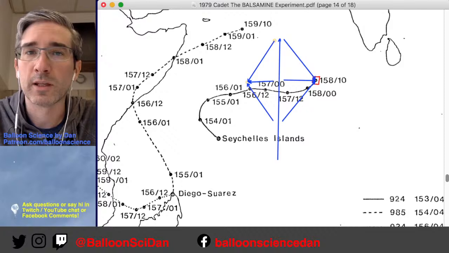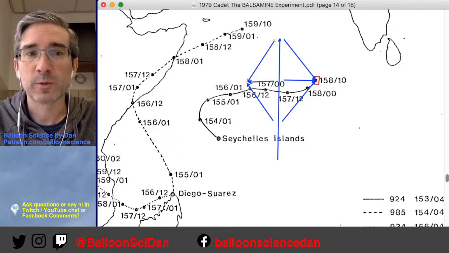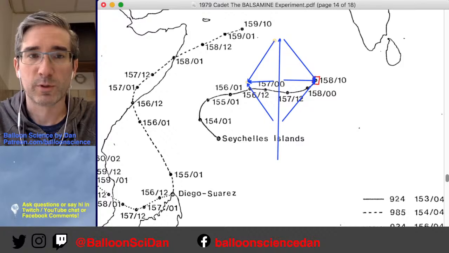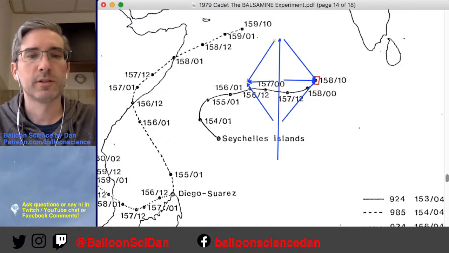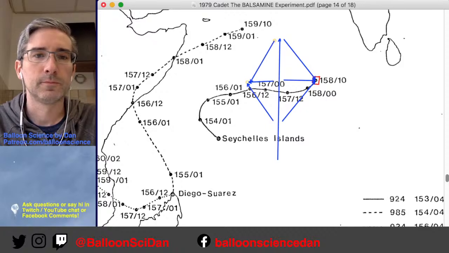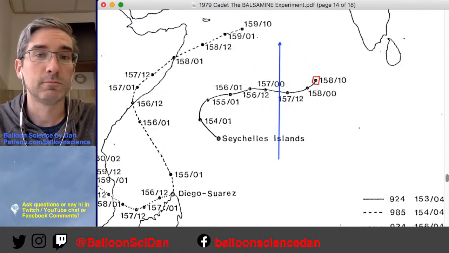And I think that's why they said that it was important to already know something about the position of the balloon. And that's to resolve this mystery of what side of the satellite's path your balloon is actually going to be on. So that sort of makes sense. That's pretty cool. I suppose you could do that with a train too.